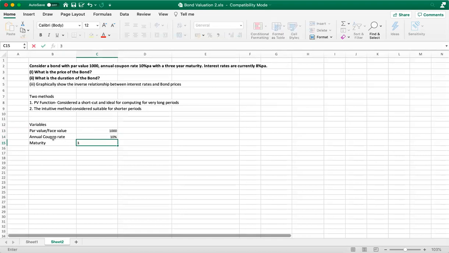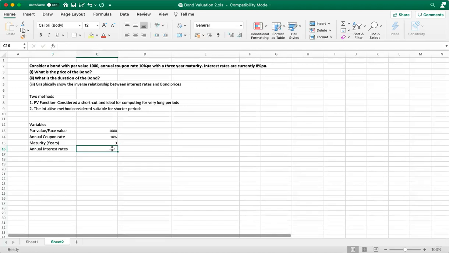Maturity, given in years, is 3. So that also remains constant. What will be changing are the interest rates in the market. So annual interest rates. That is what will be changing. And for our case, it is 8%.